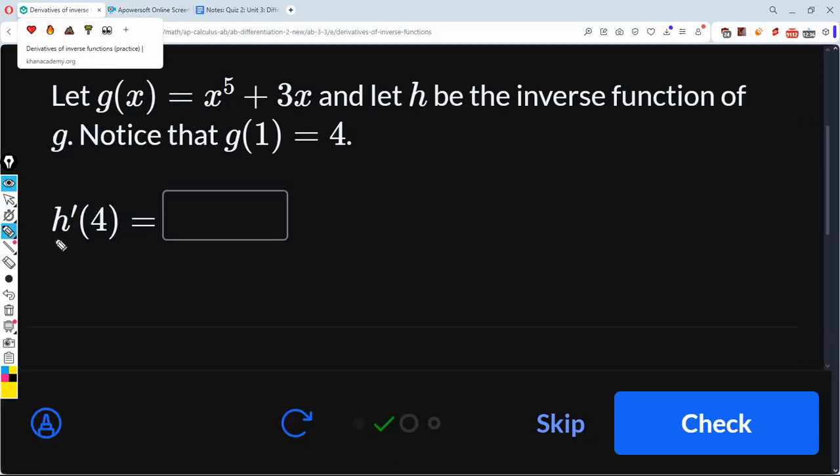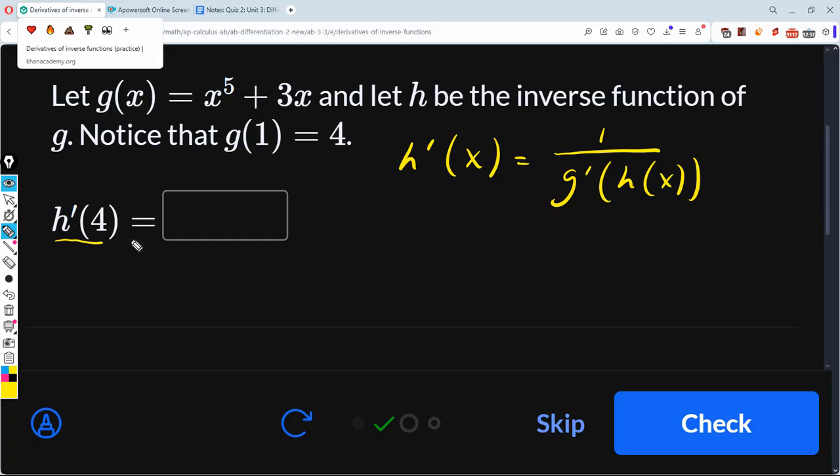All right, here we're trying to find h prime of 4. They give us some information. So let's start with h prime of x. That's going to be 1 over the derivative of the inverse function, which is g, of the original, so that's h of x.